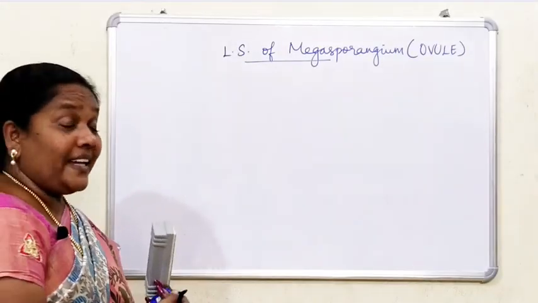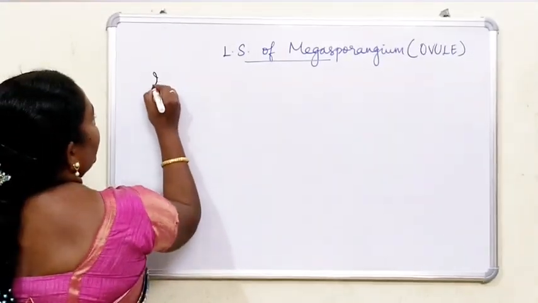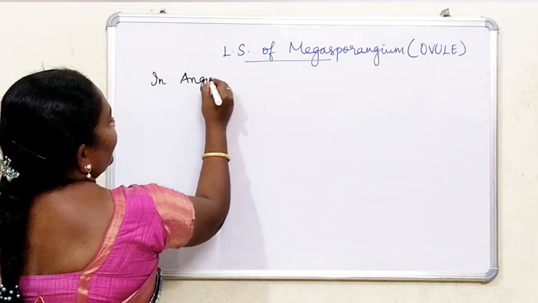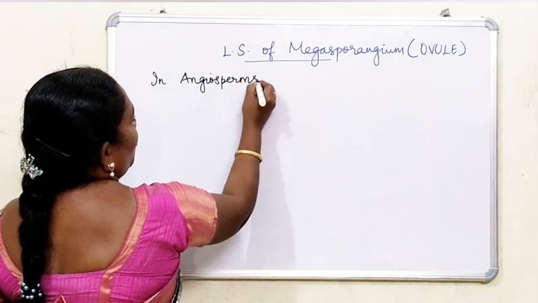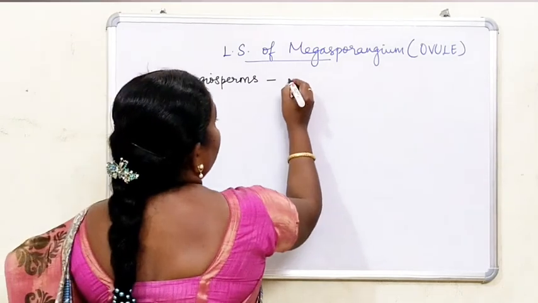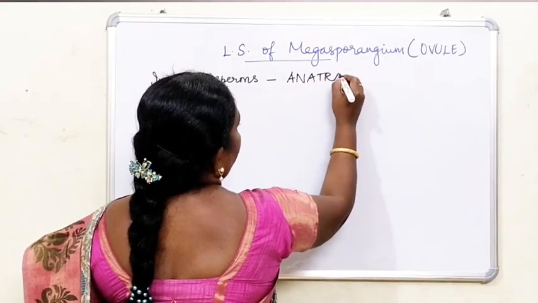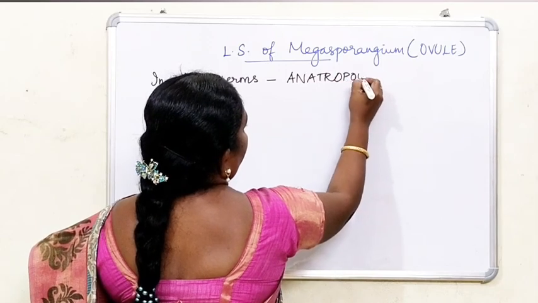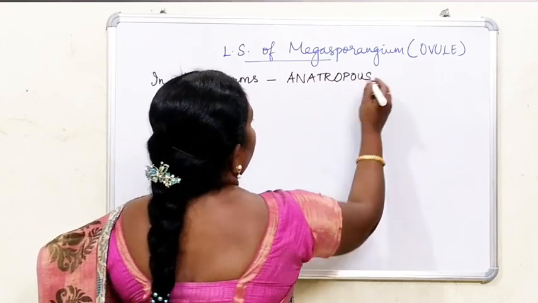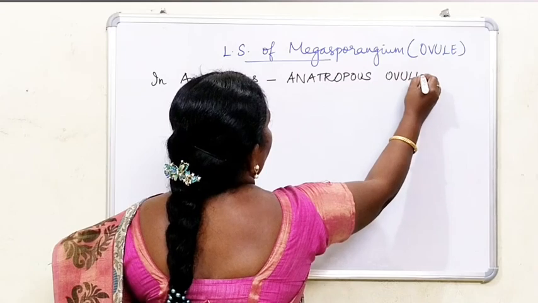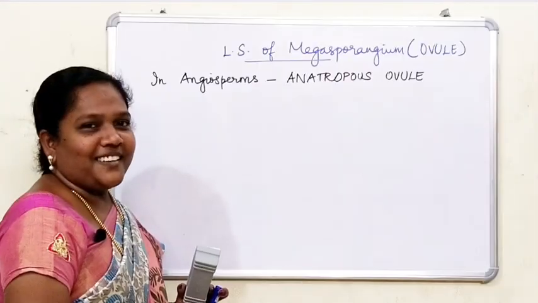Okay. So in angiosperms, this ovule normally you call this to be anatropous ovule. Anatropous ovule, right?